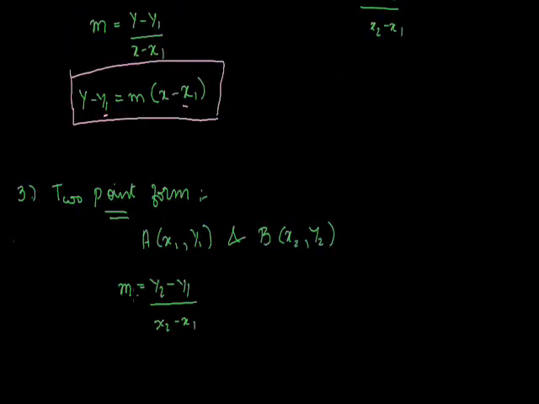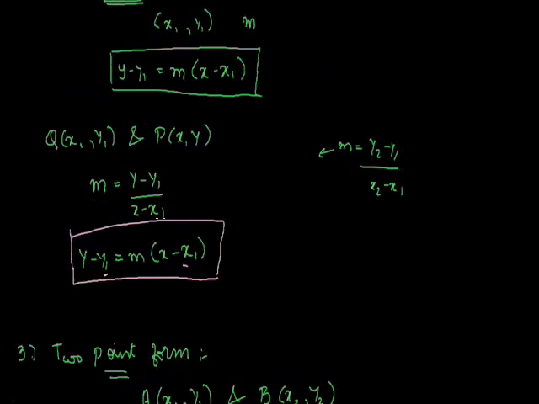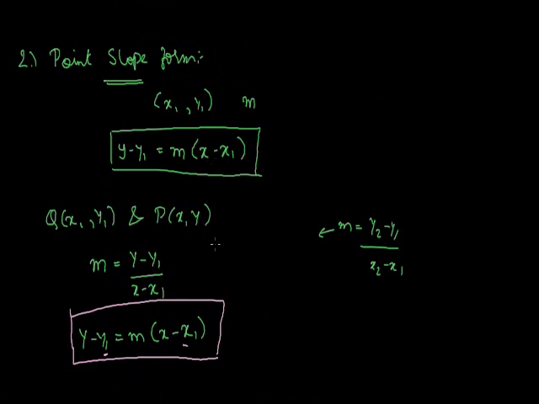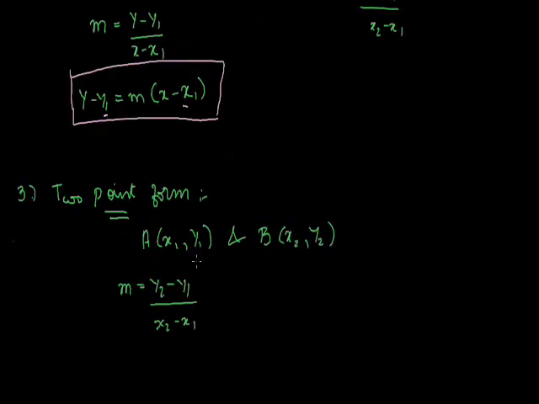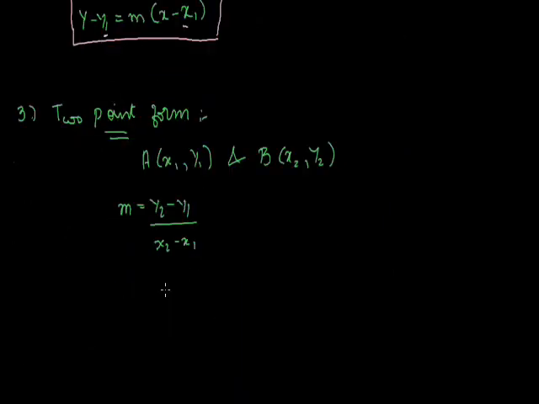Now I'll substitute the value of this m equal to y2 minus y1 upon x2 minus x1 in our earlier equation of point slope form, where we had y minus y1 equal to m into x minus x1. So instead of m, now I will write the coordinates through which the line passes.